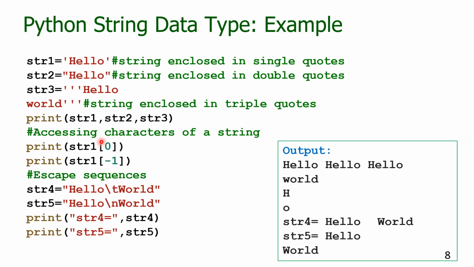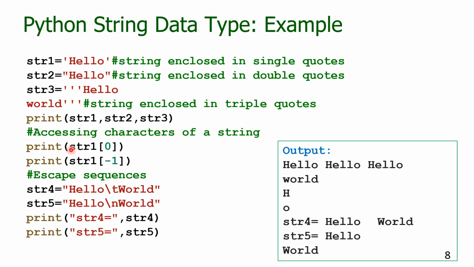And we can access the characters of a string by using the corresponding index. For example, here str1 of 0, str1 is hello and the index starts from 0. That means h is at index 0, e is at index 1, this L is at index 2 and this L is at index 3 and this O is at index 4.